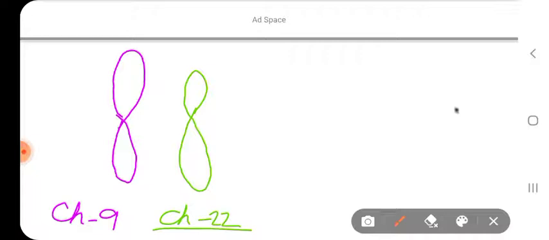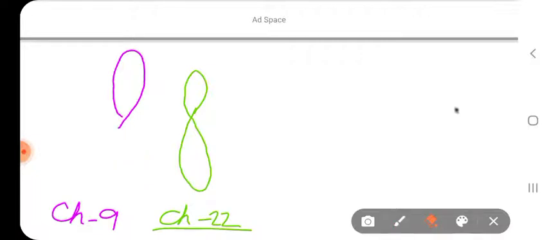So within chromosome number 9, there is a gene called the CABL gene.